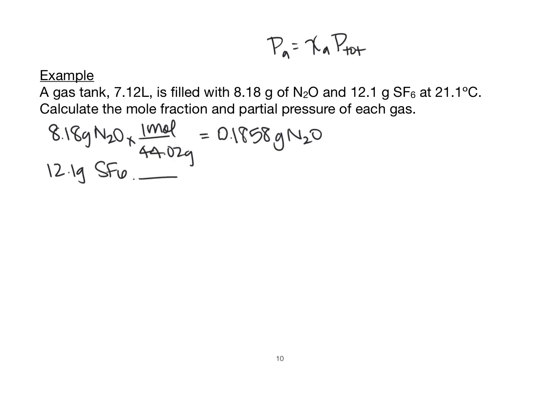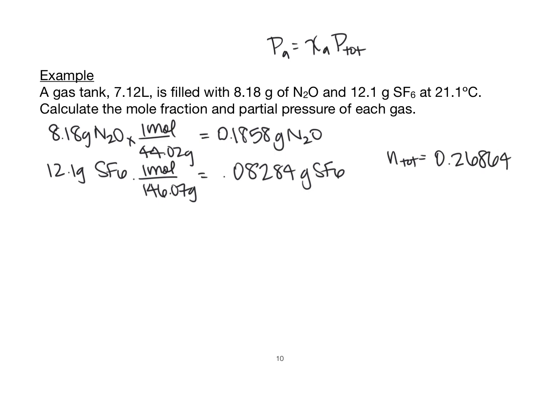I'm going to divide that by the molar mass of 146.07 grams in 1 mole. And that gives me 0.08284 moles of SF6. So in this case, if we add these together, in total is going to be 0.26864.